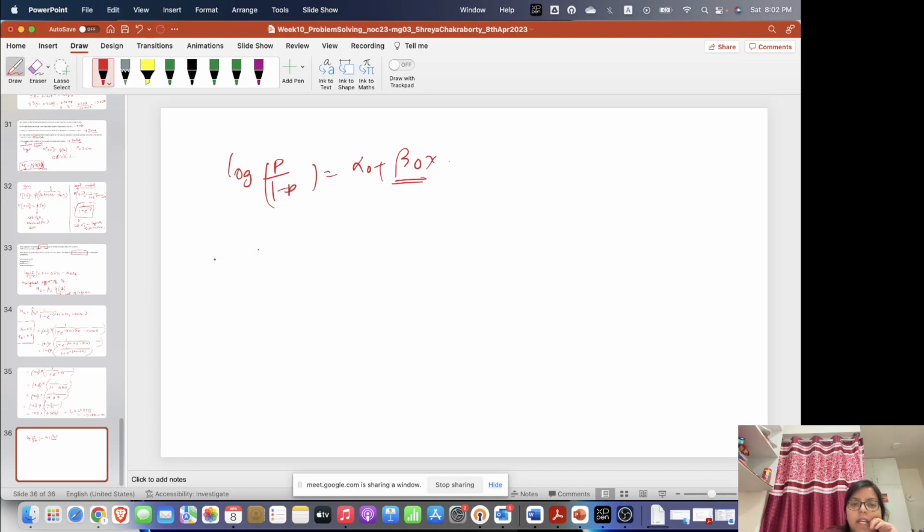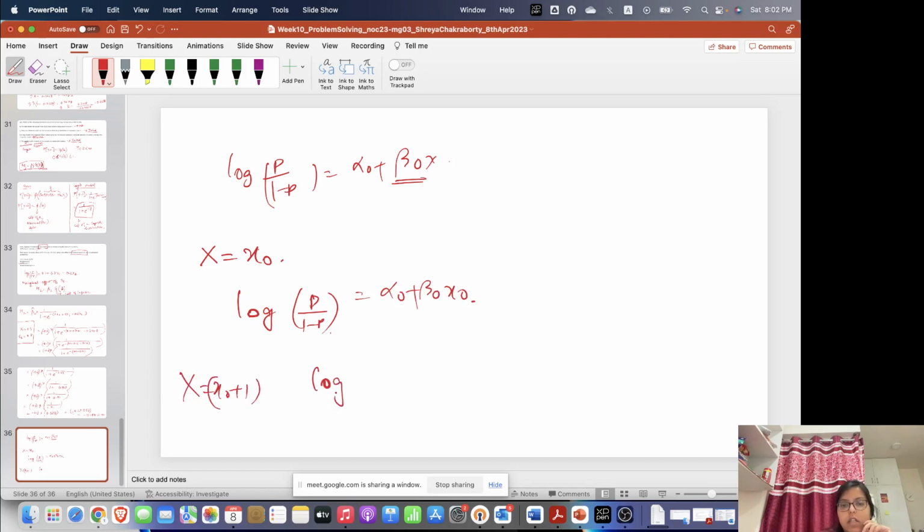Let x have some base value x naught. So we have log of p by 1 minus p equal to alpha naught plus beta naught x naught. Now if x is changed by 1 unit, with everything else constant, we would have log of p star by 1 minus p star equal to alpha naught plus beta naught times x naught plus 1.